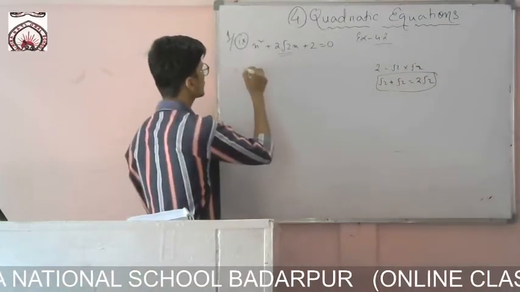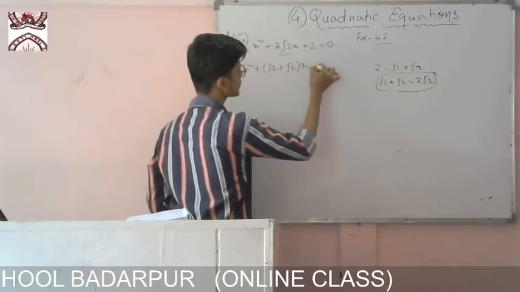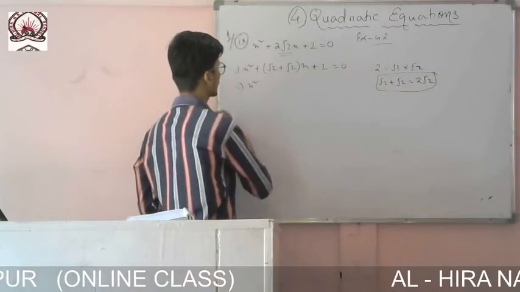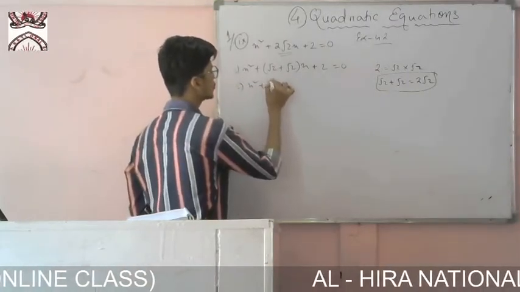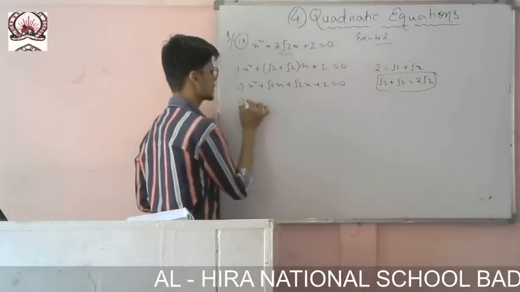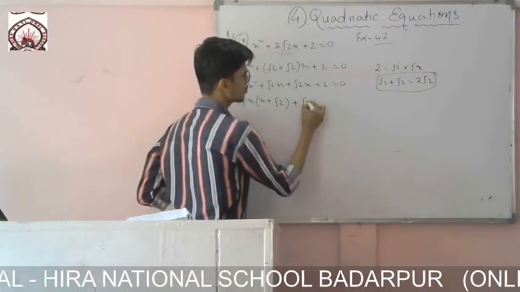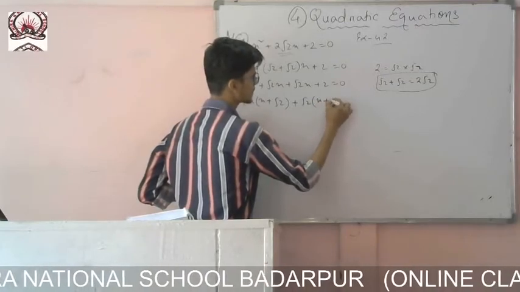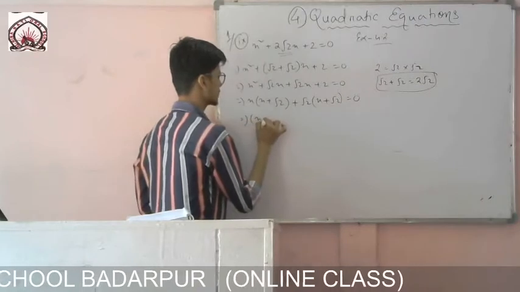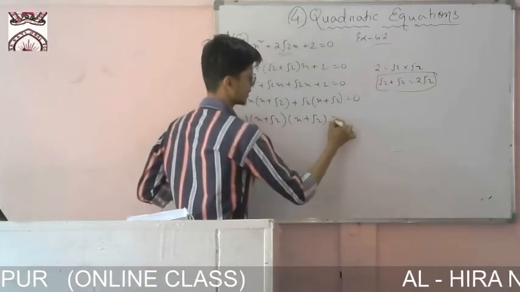So in place of 2 root 2, I can write root 2 plus root 2 into x plus 2 equals to 0. So it will be x square plus root 2x plus again root 2x plus 2 equals to 0. If I take common, x will be common, x plus root 2, and root 2 will be common from the rest, so x plus root 2 again. So x plus root 2, again x plus root 2 equals to 0.